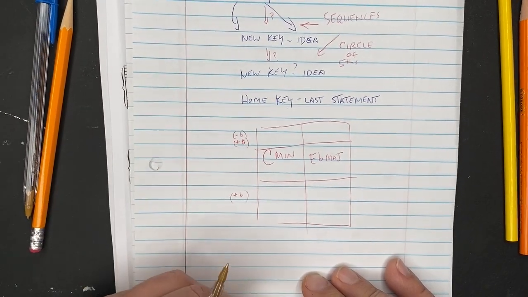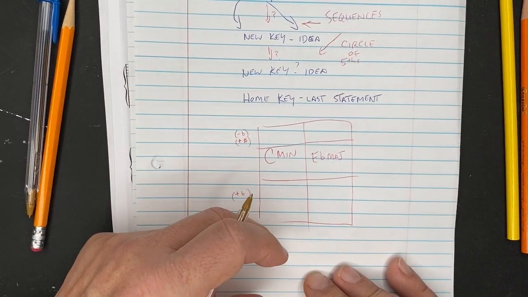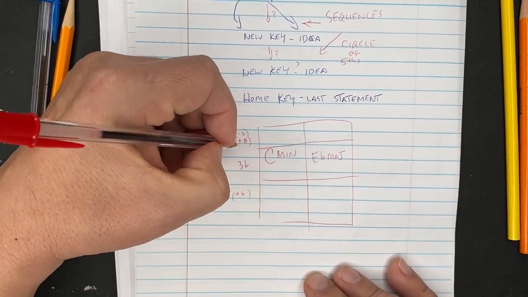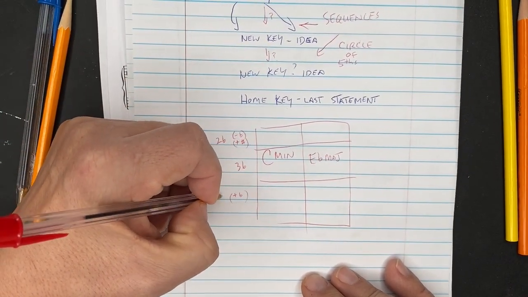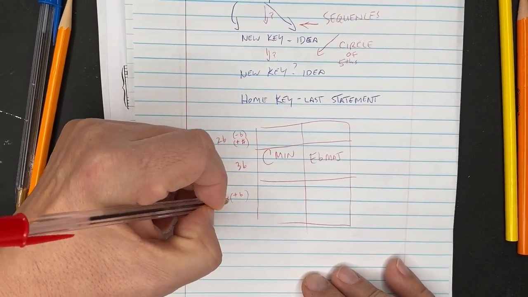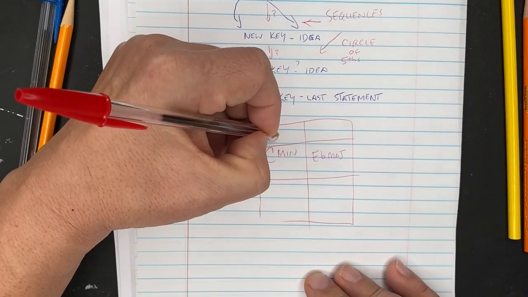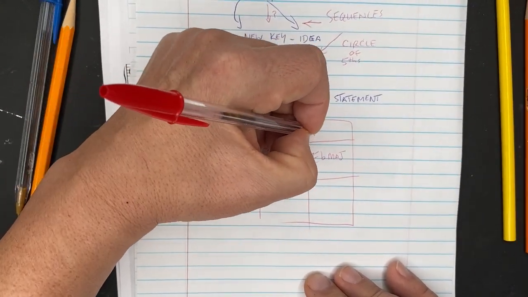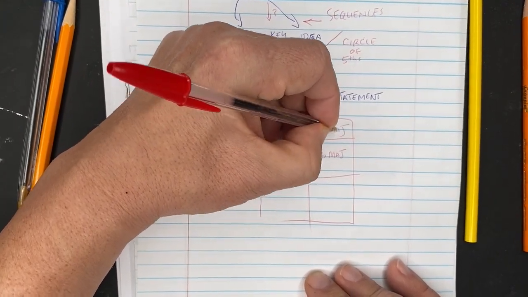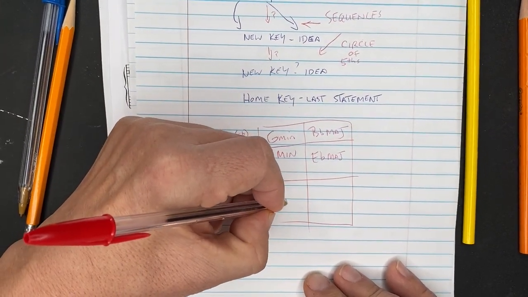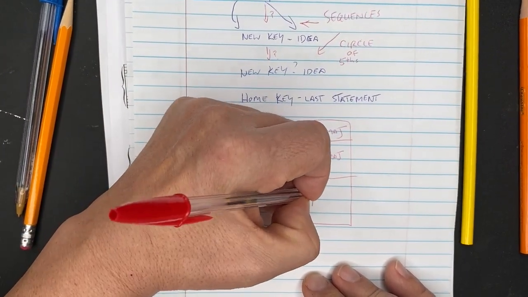In other words, 1 accidental in either direction. So this is 3 flats, so we're looking at 2 flats and 4 flats. 2 flats is G minor and also B flat major. And 4 flats is F minor, and also A flat major.